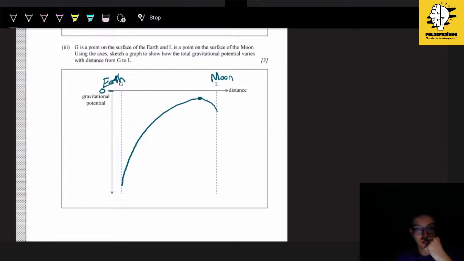So the point X will be closer to the Moon, and also its gravitational potential will be less negative because it requires less energy to make its energy 0, which means it goes to infinity. Exactly. Okay.